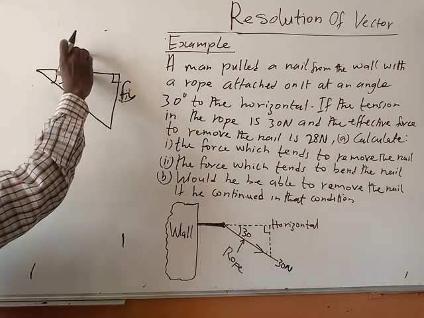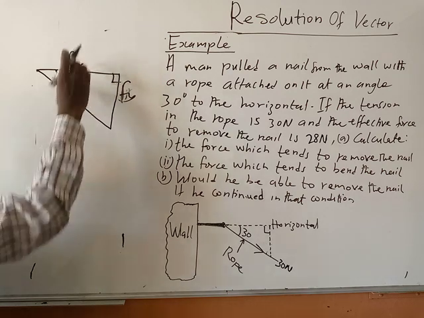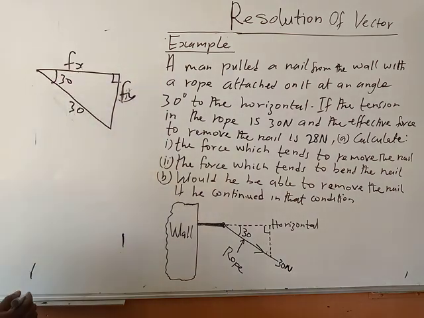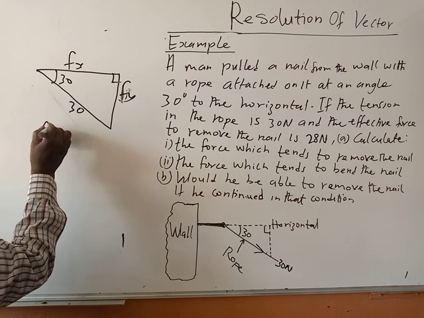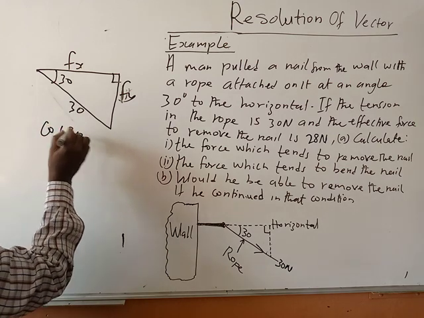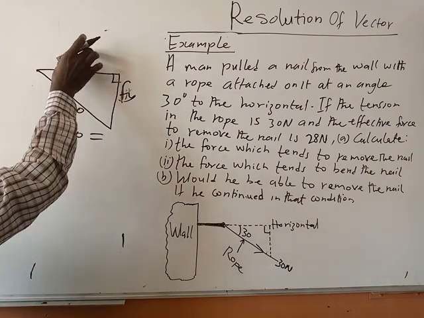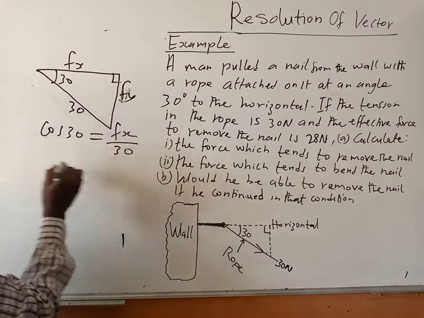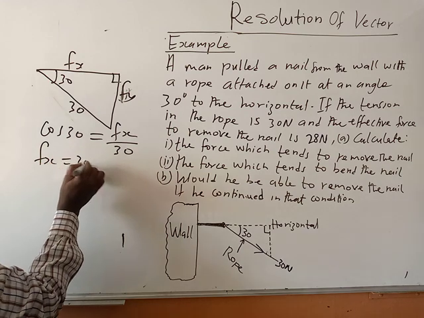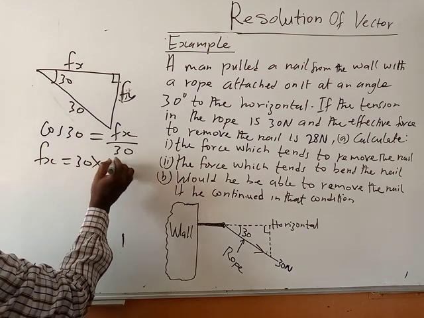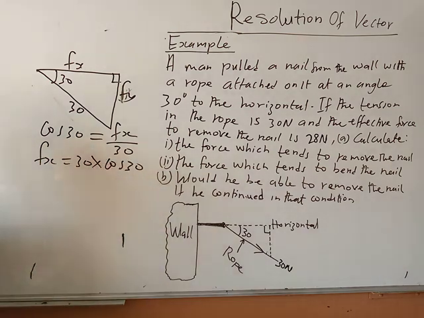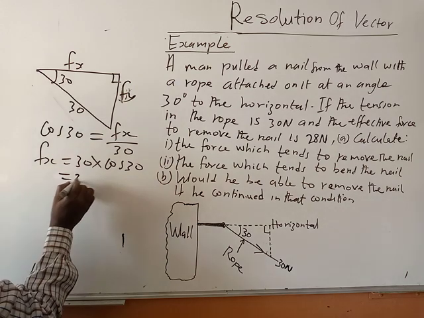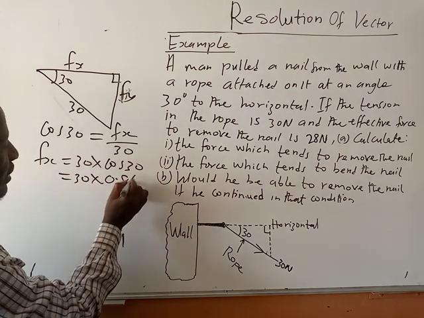Now to get the horizontal component, we are going to combine adjacent and hypotenuse. We are going to use cos theta. Therefore, we have cos 30 is equal to adjacent Fx over hypotenuse 30. Therefore, our Fx is equal to 30 multiplied by cos 30. And cos 30 is 0.866, so Fx is equal to 30 multiplied by 0.866.